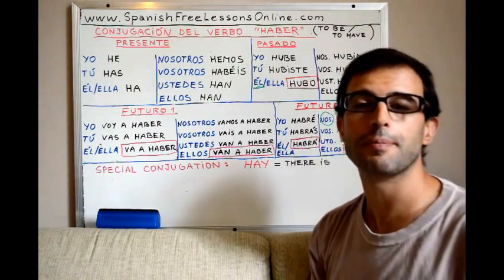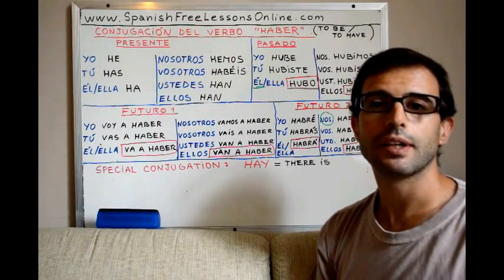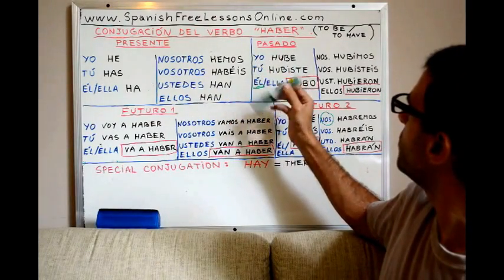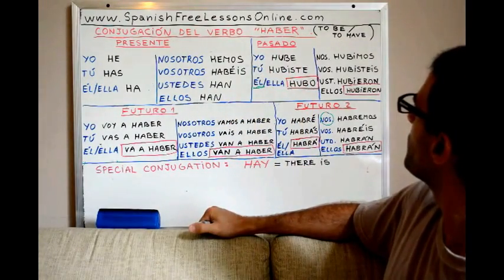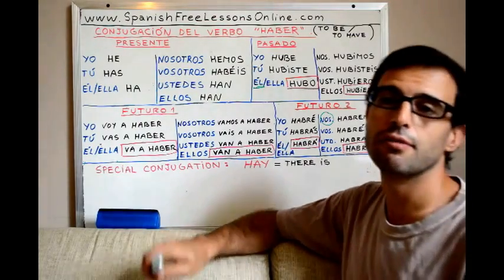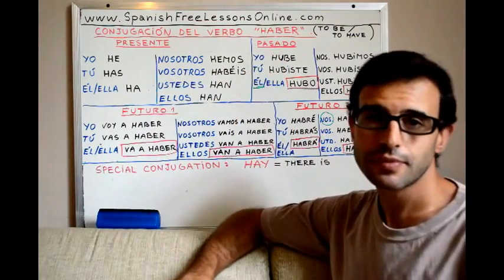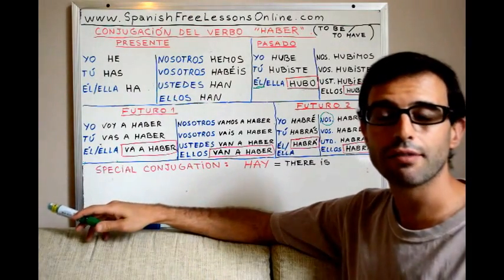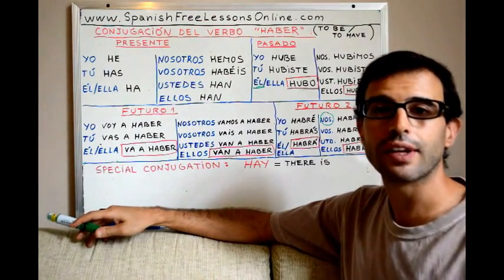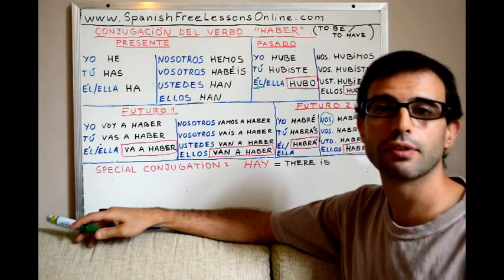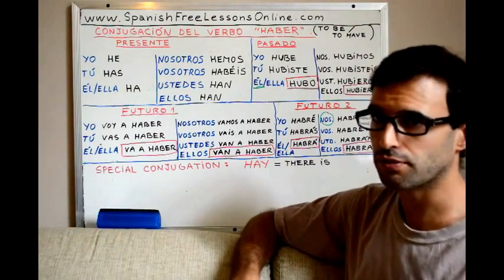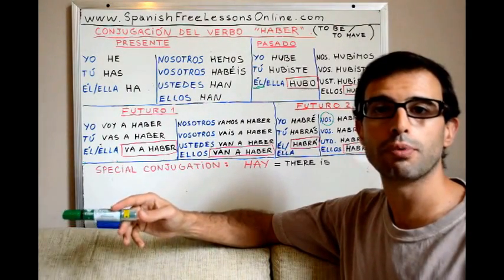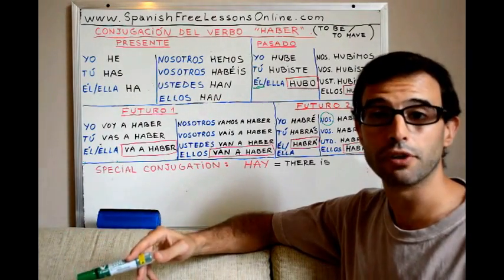And let me give you a small hint right now. For example, the verb haber has a correspondence with the English verb to have when it is used as an auxiliary verb, right? For conjugations. For example, in English, if we want to conjugate into the present perfect, we use the auxiliary verb to have, right?